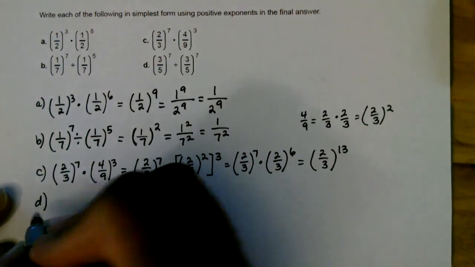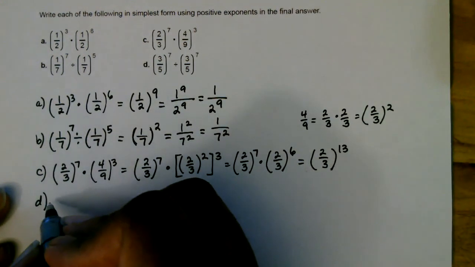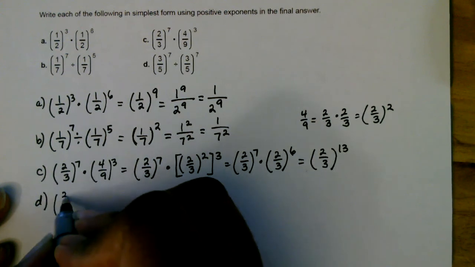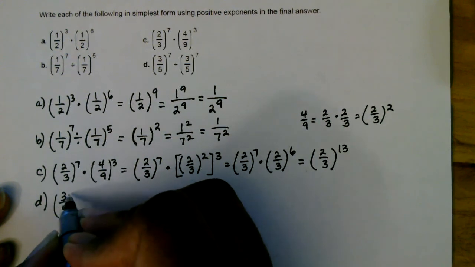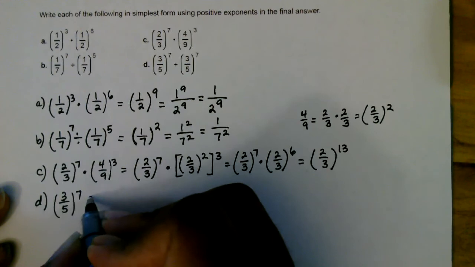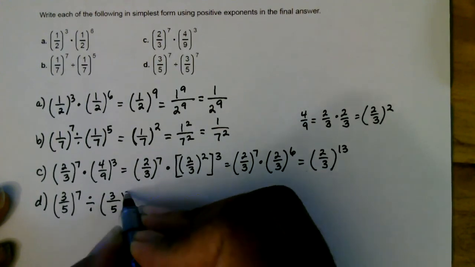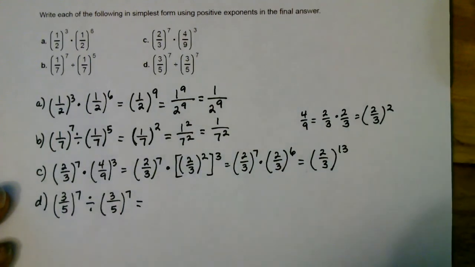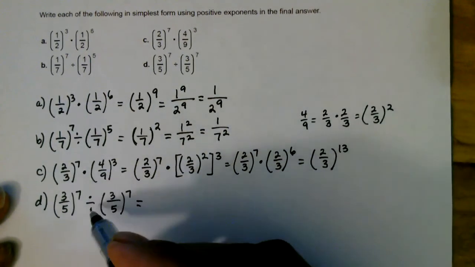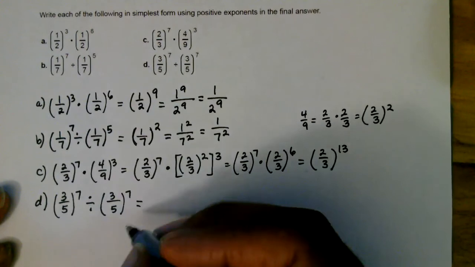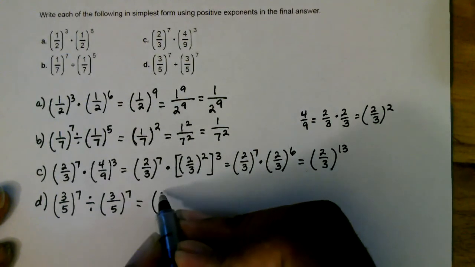And finally, part D, 3/5 raised to the 7th divided by 3/5 raised to the 7th. Again, we're dividing powers of the same base, so that means we subtract our exponents.